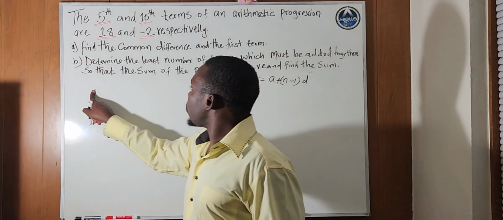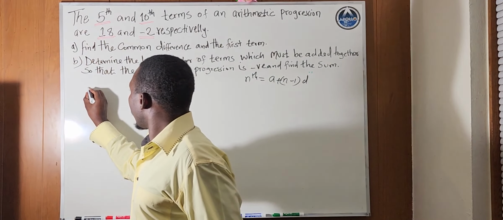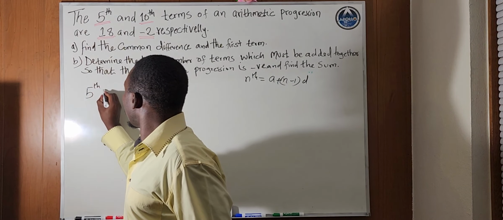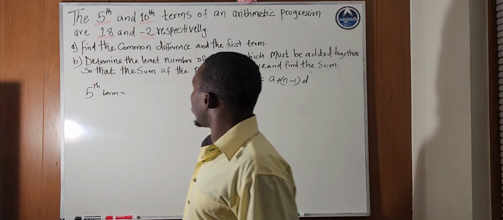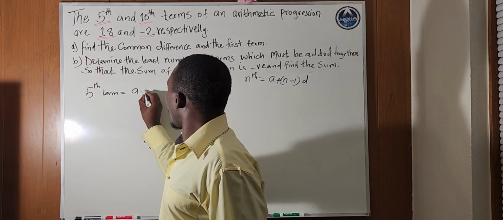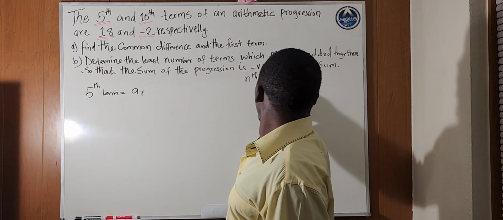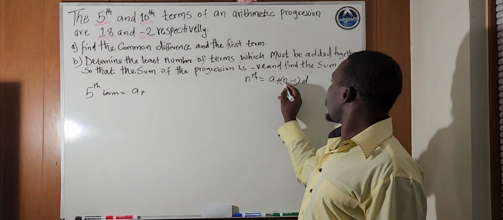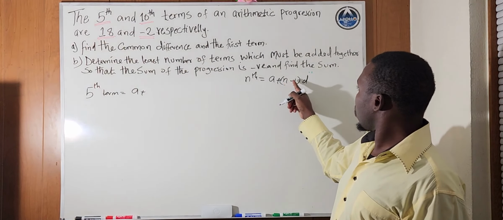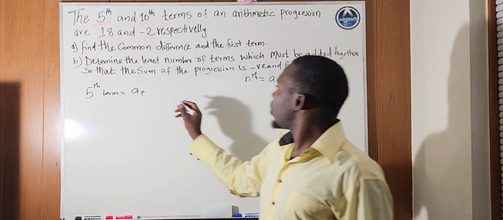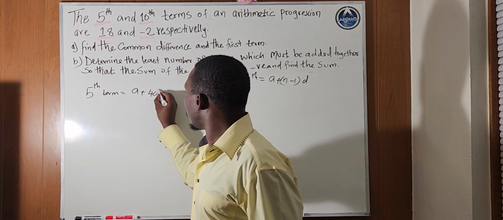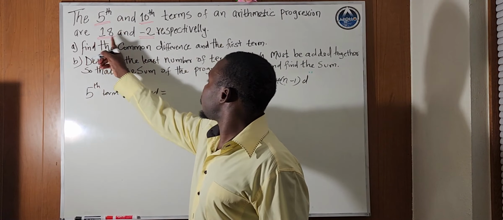If we start with the fifth term, it will be equal to A plus, substituting n with 5, 5 minus 1 gives 4, times D. So 4D plus A gives 18.